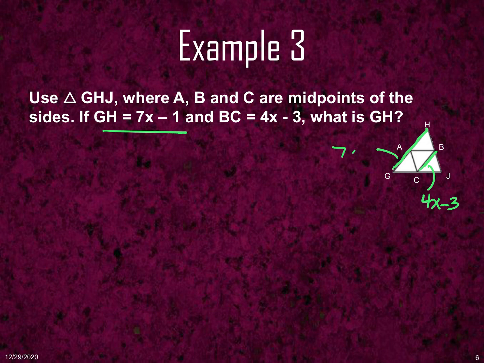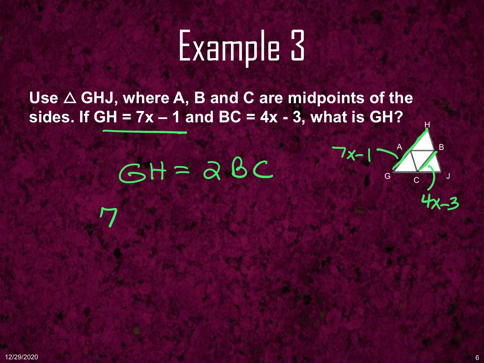So I need to figure out the relationship here of the sides. Now, what I'm going to do is show that GH is really equal to 2 times BC. I could also have done GH divided by 2 or times a half, but it's easier to distribute a 2 to the BC.